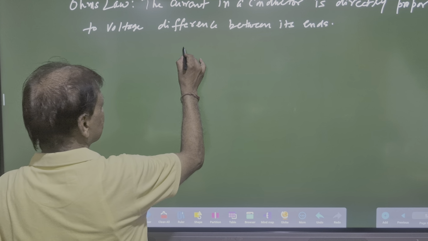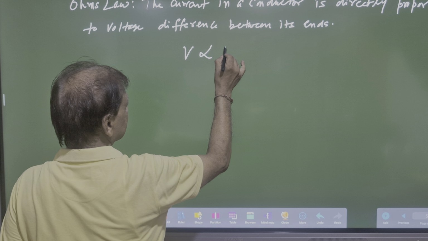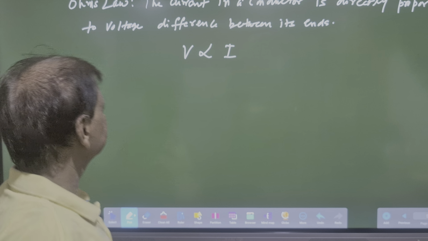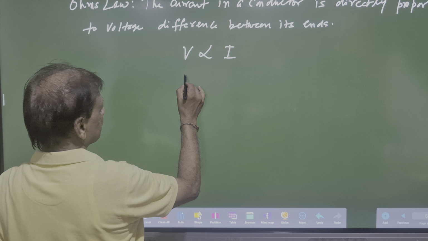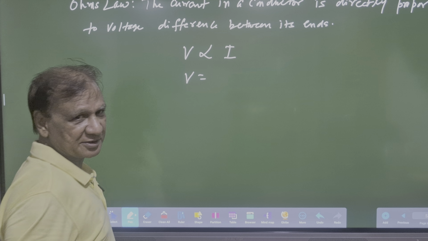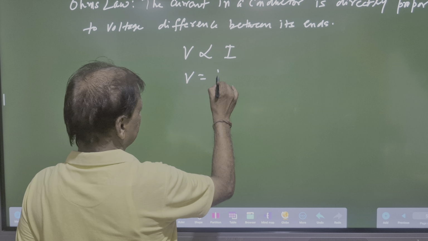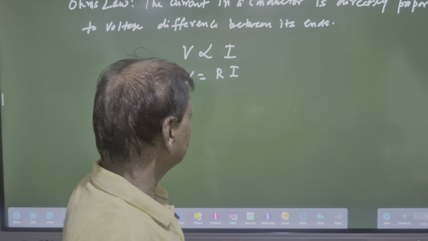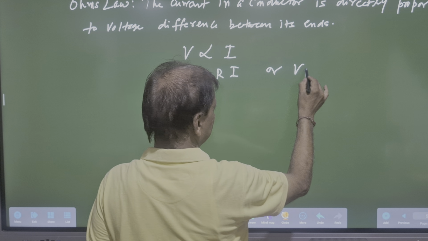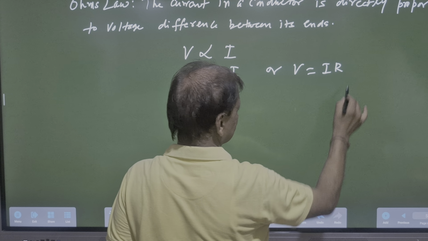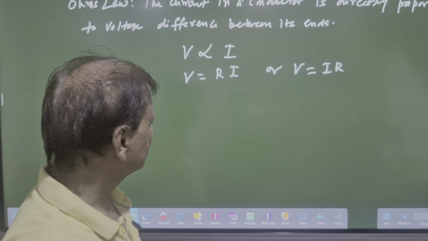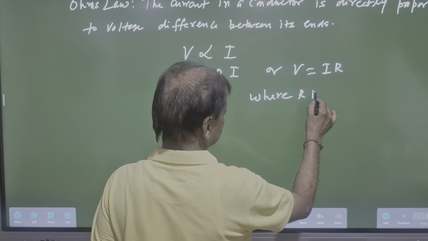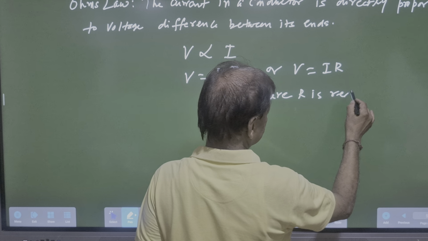So we can write V is proportional to I. As the voltage increases, current will increase. Now we remove this proportional sign, then we put a constant, and that constant is R. So V equal to IR. This is Ohm's law, where R is resistance.